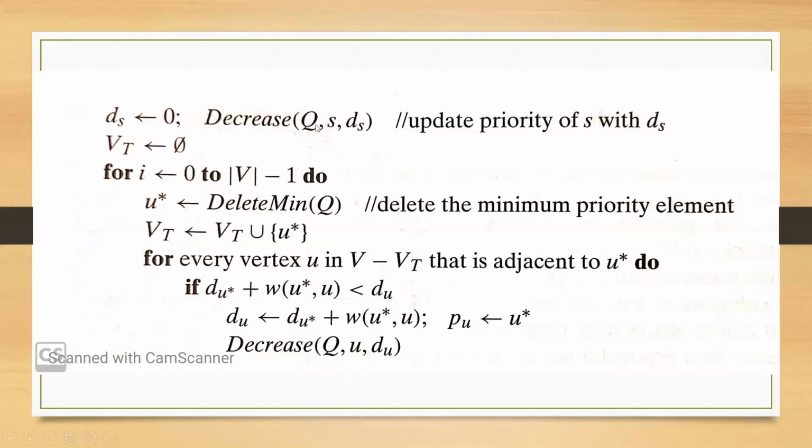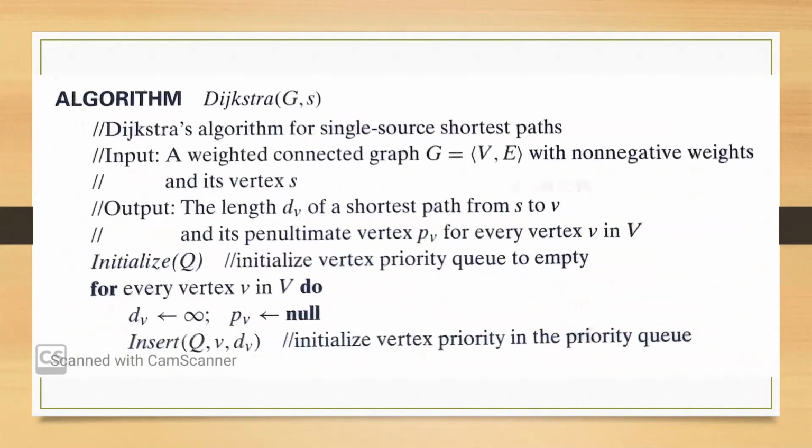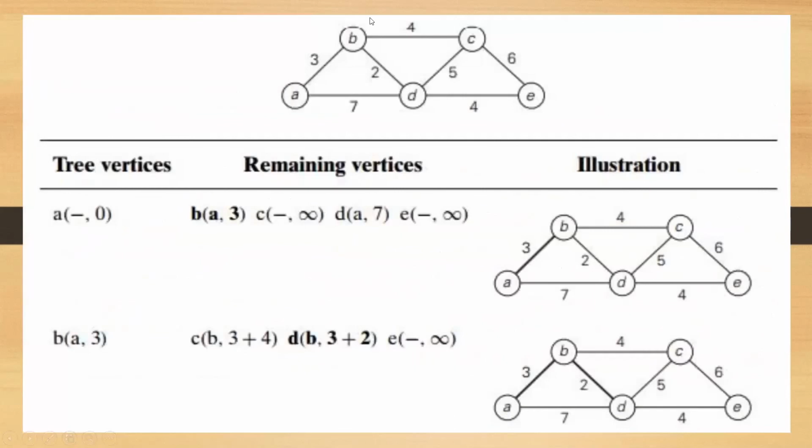Now just assume that in the same example, we have 5 vertices. Initially, we initialize the distances of all the vertices to infinity. Now all vertices contain distance infinity, and all these values are put in the queue. So all 5 vertices are in the queue, with all distances set to infinity.